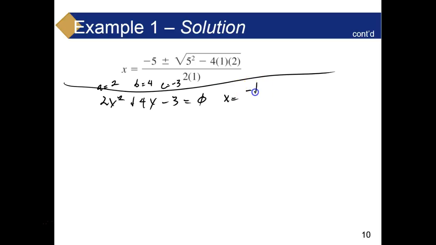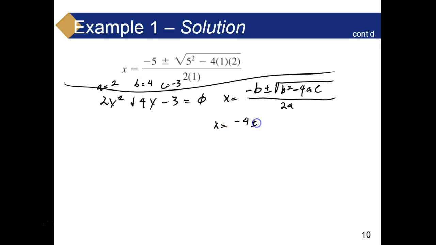Minus B. But I'm going to make you say it over and over until you got it down, okay? Plus or minus the square root of B squared minus 4AC, all over 2A. Remember that 2A is underneath that whole thing, and all of that B squared minus 4AC is all under the radical, okay? Now we plug it in. And what does that give us?